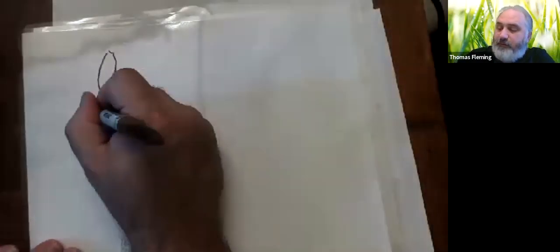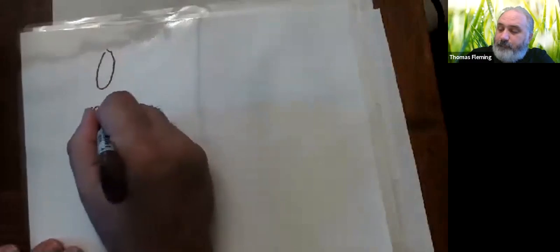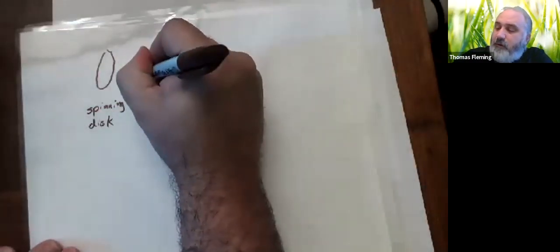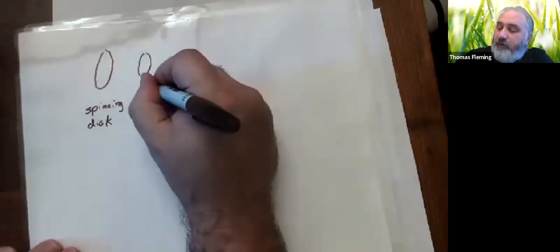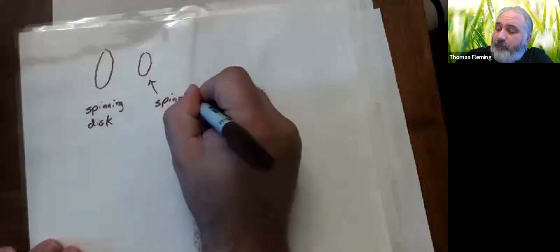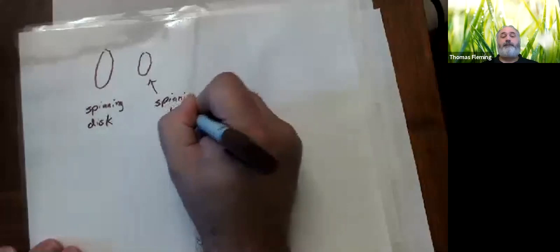So let's imagine that I've got a spinning disk. And here is a second, different size spinning disk. But what's going to happen is those two disks, they're spinning at different speeds.